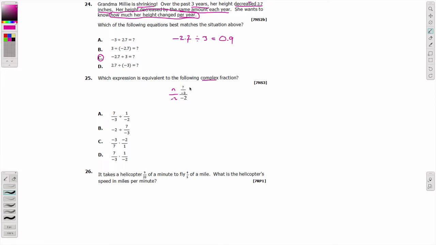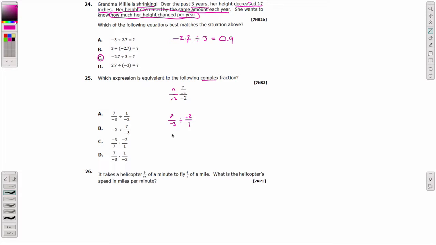So in this case the numerator is a fraction, the denominator is not a fraction. Okay, so 7 over negative 3 over 2, which represents 7 over negative 3 divided by negative 2 over 1.